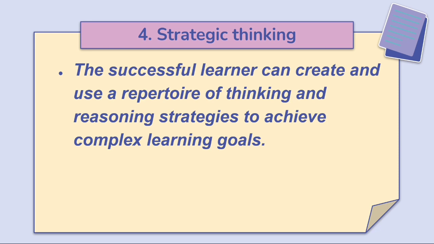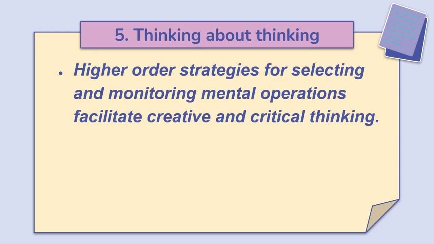Okay, now let's proceed to the number 5 principle. The number 5 principle is thinking about thinking. Higher order strategies for selecting and monitoring mental operations facilitate creative and critical thinking.